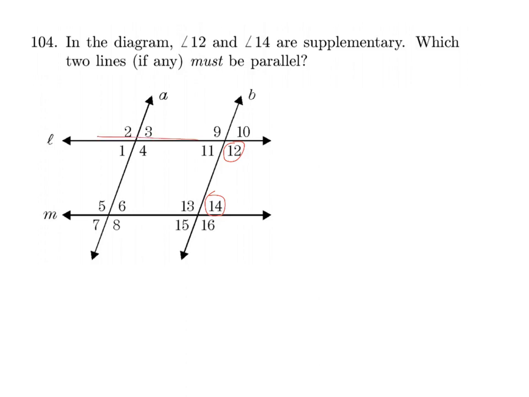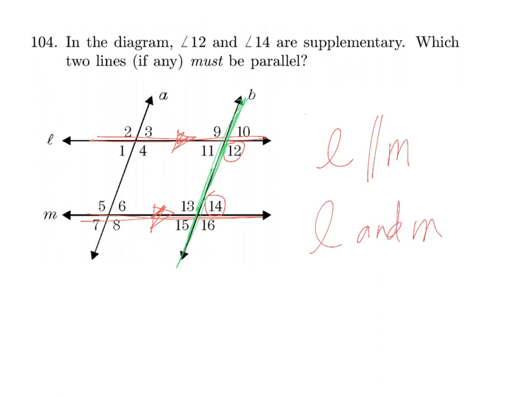So then these two lines here, they must be parallel. Okay, this is your transversal here. So which two lines must be parallel? That would be L is parallel to M, or L and M. Done.